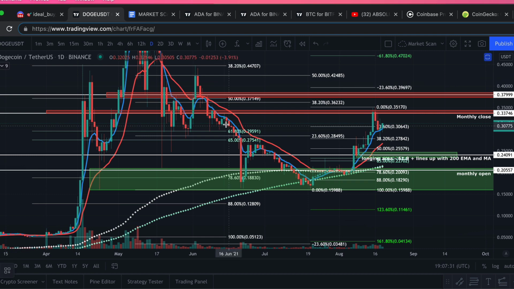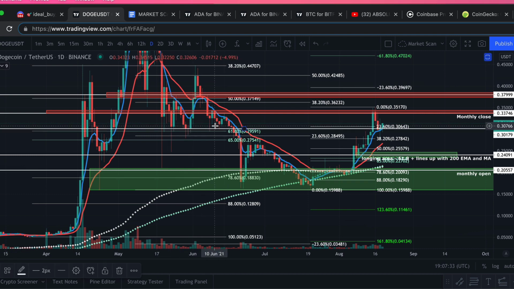Look at that. This is major support right here, and it's continuing to be major support. So technically, you could say this came down to 38.2 and now bounced back up, and now it's above the previous support. So tough.